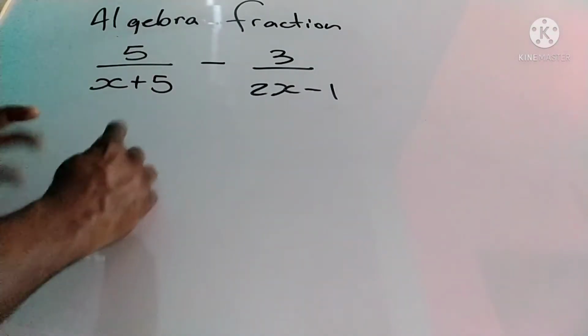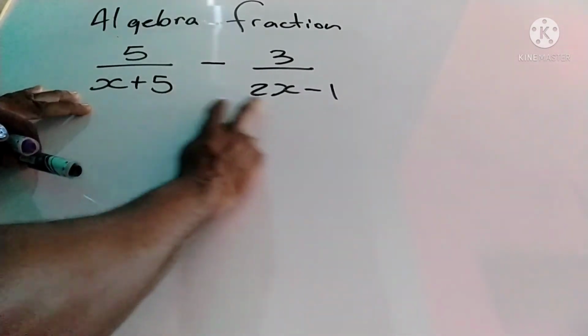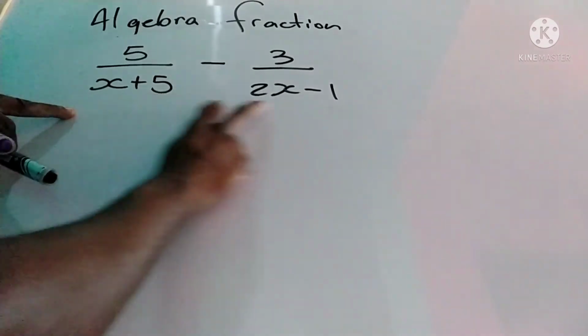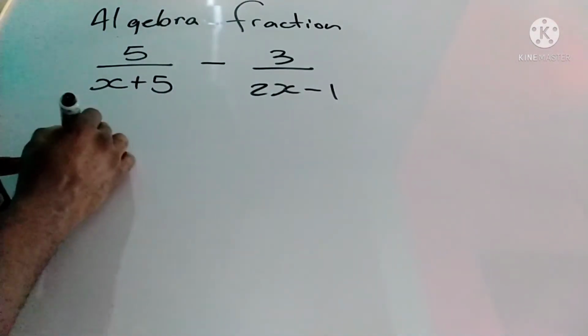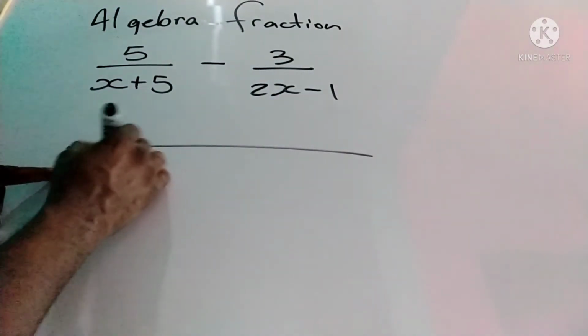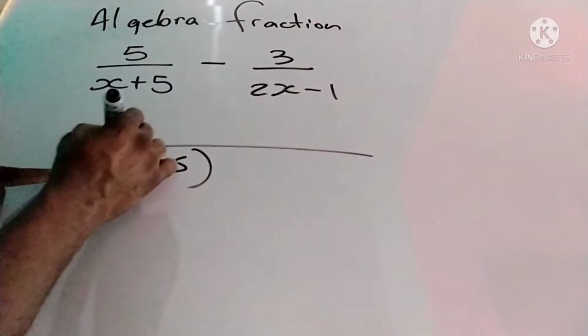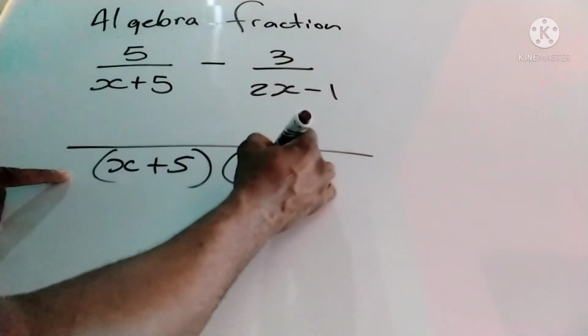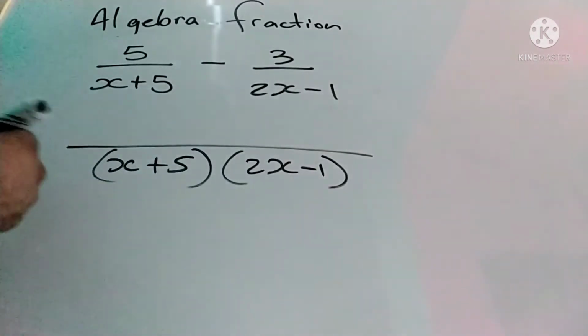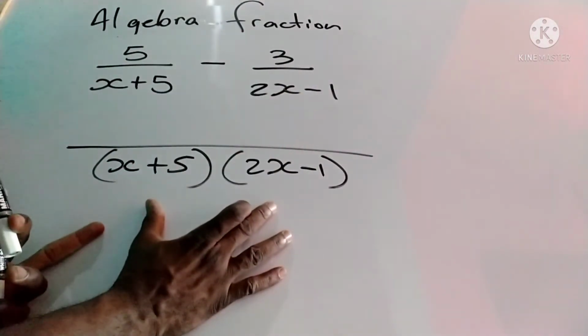One of the easiest things when you're doing fractions, when the denominators are not the same, and when it is a binomial in algebra, is that those binomials actually become the LCM. So it's not like you're going to be searching for something. You're using them back as the LCM, all right?